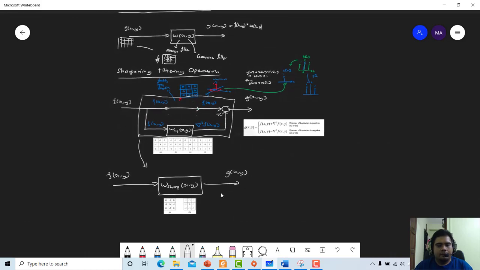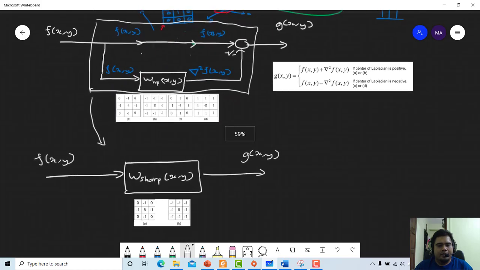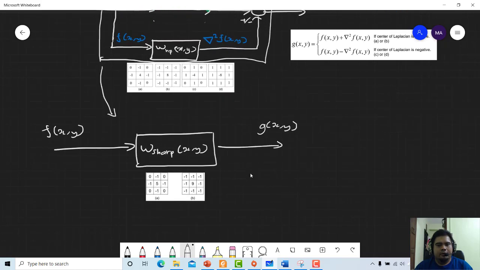In order to do that, you can use these two kernels, either A or B. By convolving A with the input image, you get a sharpened image. Or you can use this one as your W sharpening, convolve with the input image, then you get the sharpened image, which is your g(x,y).